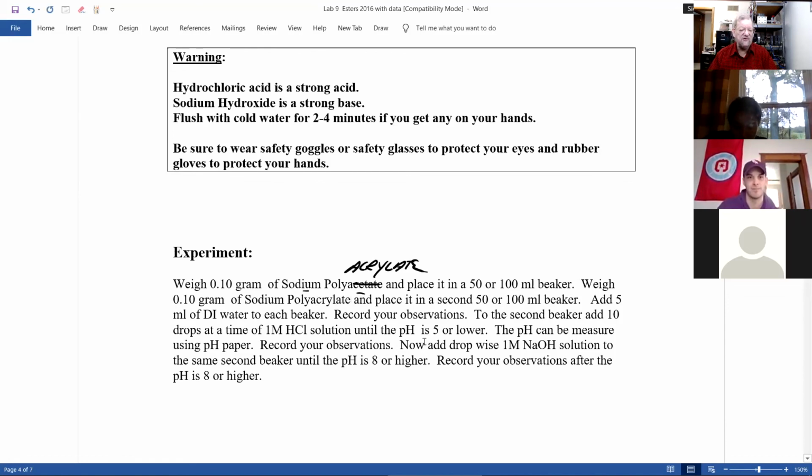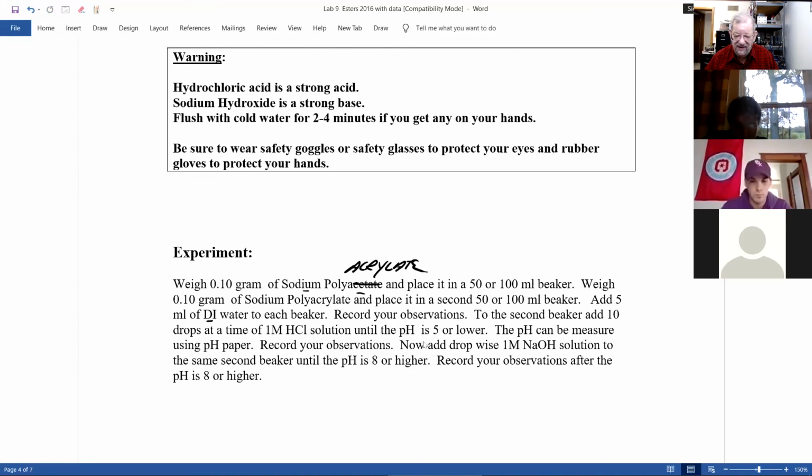And what you're going to do is first take some and put it in a beaker and weigh it out. And then you'll add some water. You'll add 1/10 of a gram in 2 beakers. Now to both beakers, you'll add 5 milliliters deionized water and stir, and you'll observe.